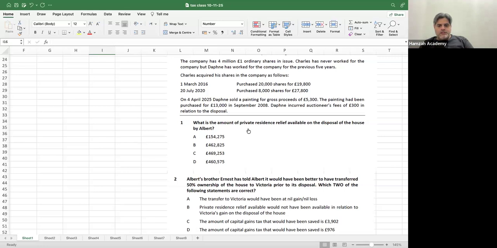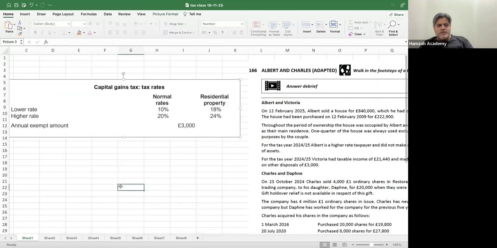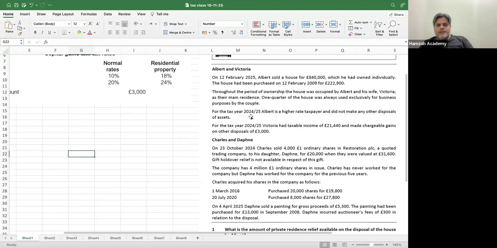We have the capital gains tax. Now, as far as the tax rates are concerned, I just have to copy these so that I can show you. Here we go. These are going to be the relevant capital gains tax rates for us, right? So residential property, and these are the normal rates over here. And Albert is a higher rate taxpayer over here.